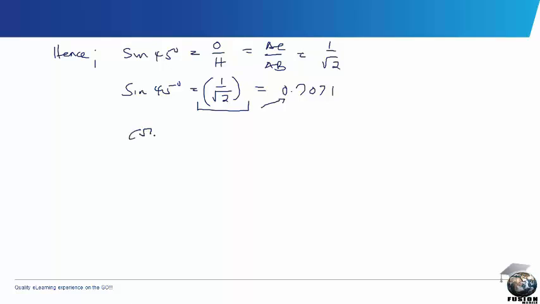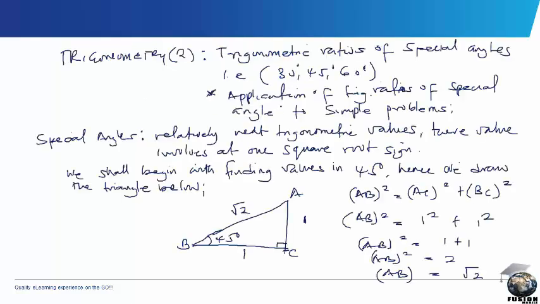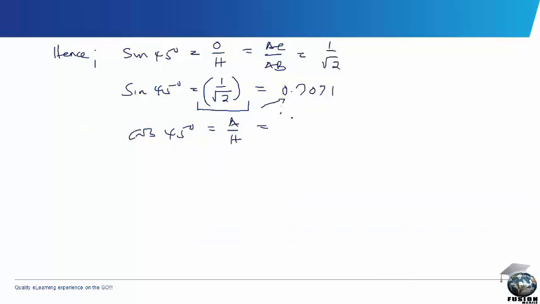Cos of 45 degrees is adjacent over hypotenuse, which is BC over AB. BC is 1 and AB is root 2, so cos of 45 degrees is equal to 1 over root 2.